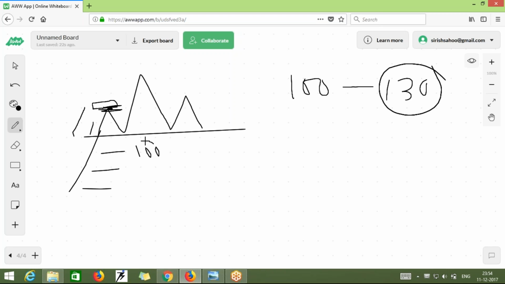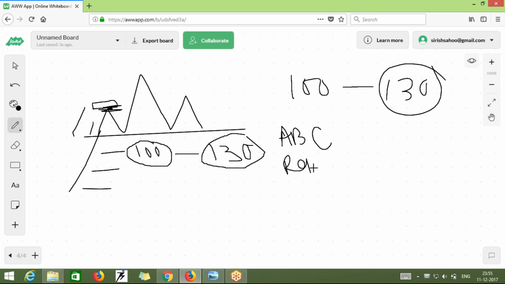From 100 the share rose to 130, and we know why it rose to this level. It's because of the buying of the smart money and a few retail investors.